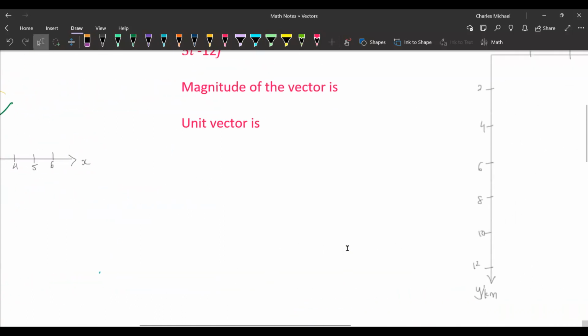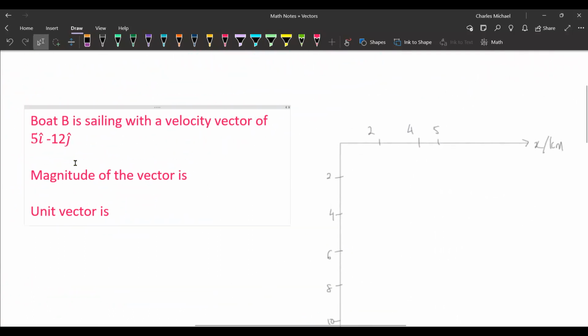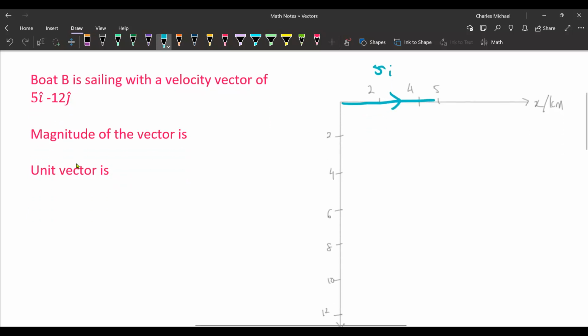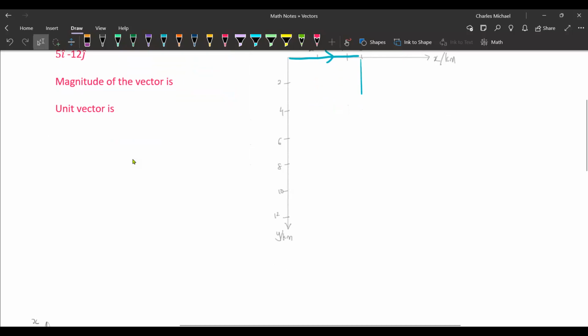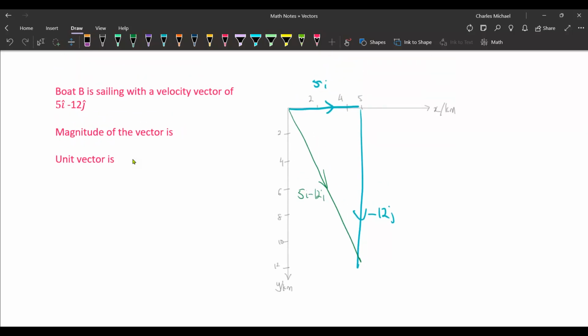Let's look at a similar example. Boat B is sailing 5i minus 12j. The resultant vector will be 5i minus 12j, and from Pythagoras, you know the magnitude of the resultant vector is 13, and therefore the speed is 13 kilometers per hour.